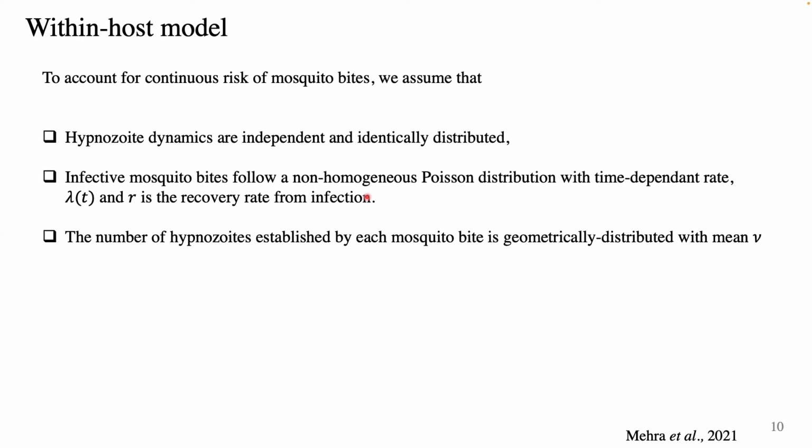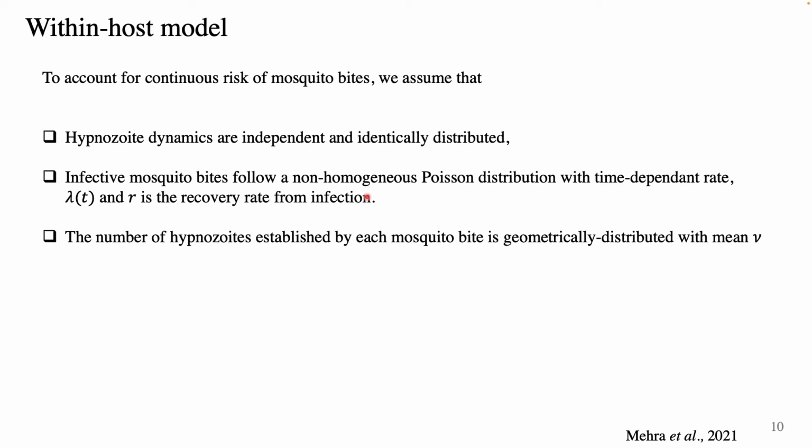That means if they activate, the 7 hypnozoites activate together. But this model assumes that each hypnozoite acts independently. That means it doesn't matter when they're established or from which bite.